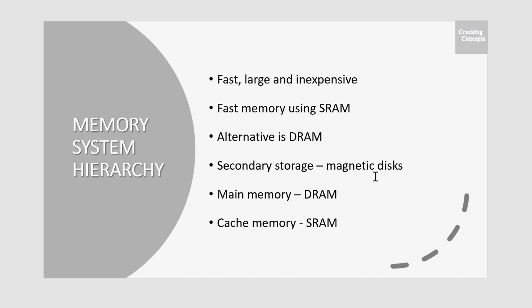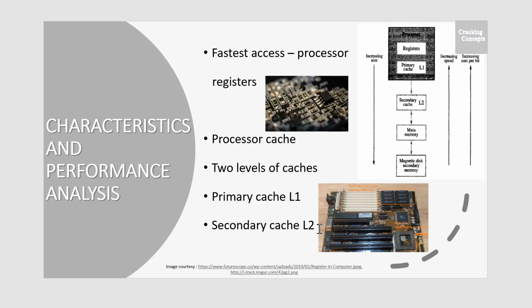However, they are much slower than the semiconductor memory units. A huge amount of cost effective storage can be provided by magnetic disks. A large yet affordable main memory can be built with dynamic RAM. This leaves static RAM to be used in smaller units where speed is of utmost importance, such as in the cache memory. All of these different types of memory are employed effectively in a computer.